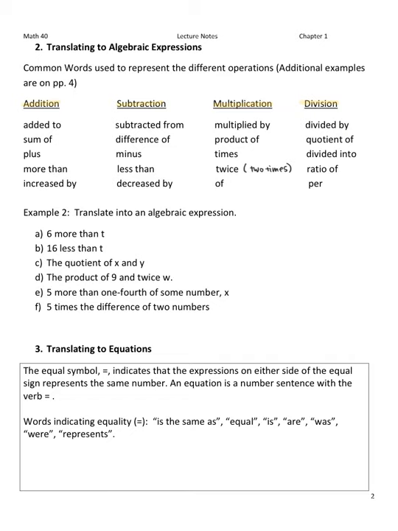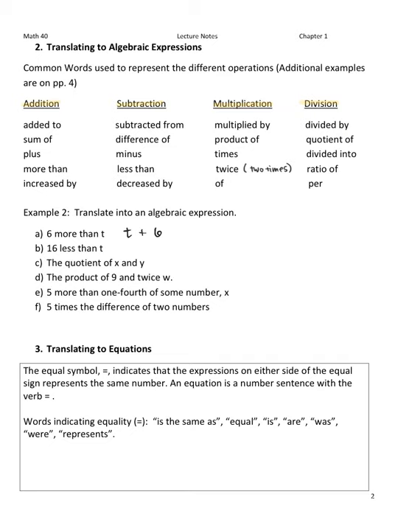Okay, let's try some examples and learn how to translate to algebraic expressions. A, 6 more than t. Okay, so the phrase more than corresponds to addition. All right, so 6 more than t is translated to t plus 6.